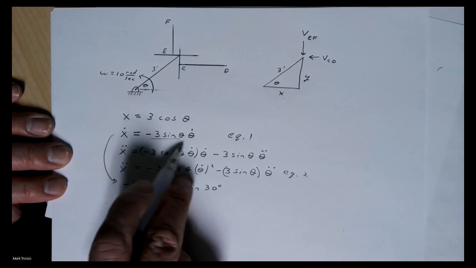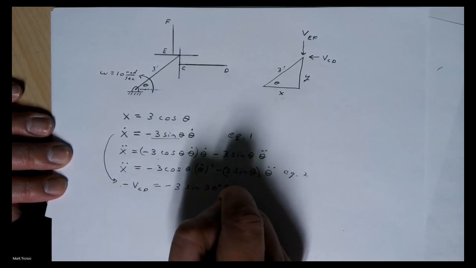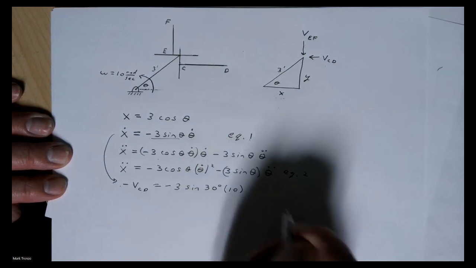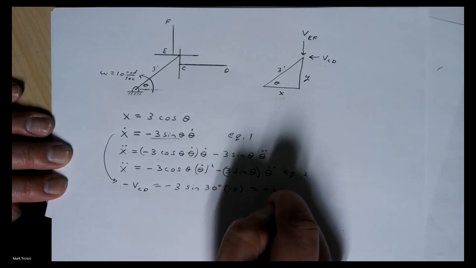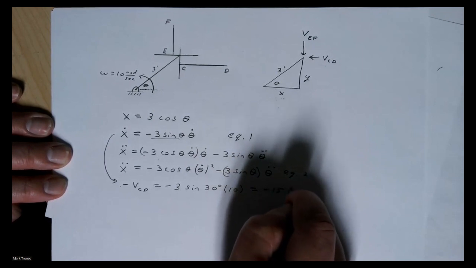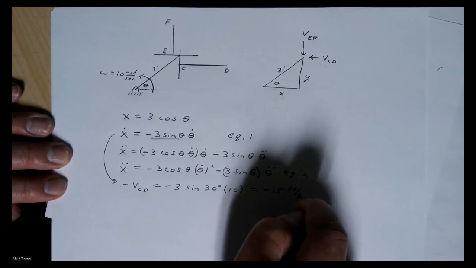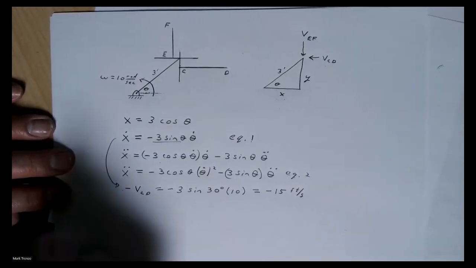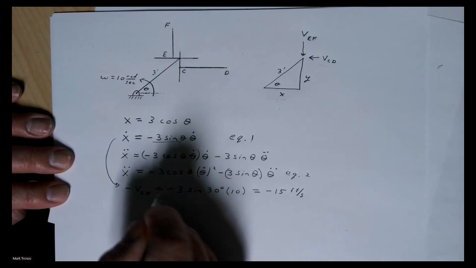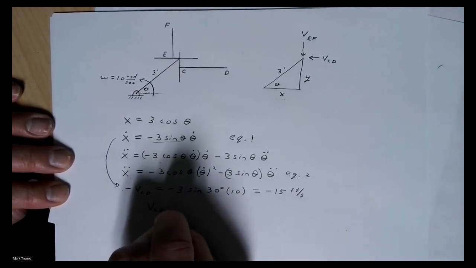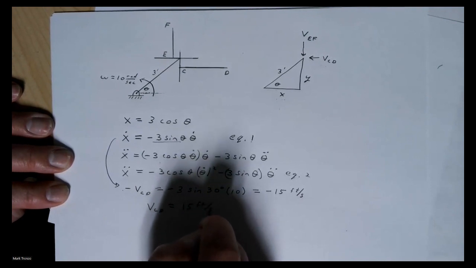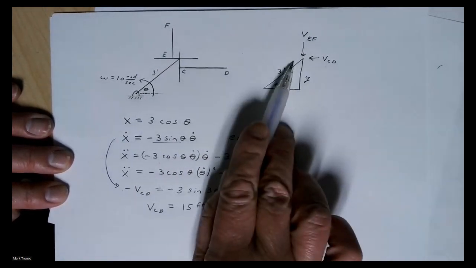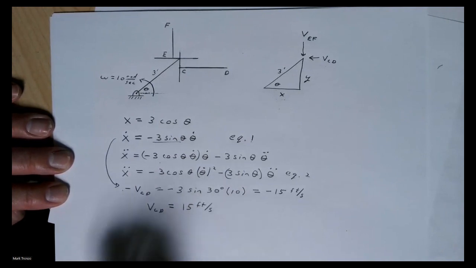And again, up here, theta dot, we're told, was 10 radians per second. Put this in your calculator, you're going to get minus 15 feet per second. And so it's going to be negative and negative. So VCD is going to be 15 feet per second. And again, that means it's increasing that much to the left.